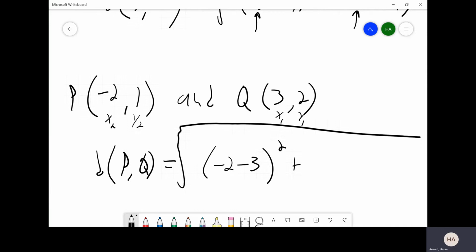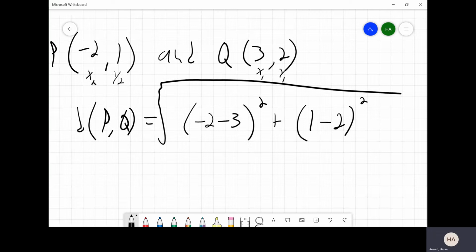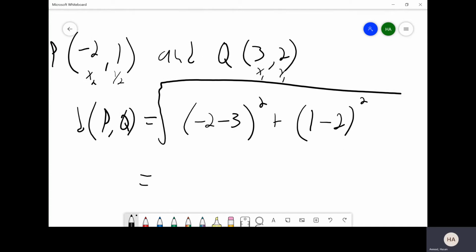Because we made -2 go first in this parentheses, we have to make 1 go first in the other parentheses. So we have 1 minus 2, right? The 2 is coming from the y component of Q. Okay, so now we square this, and now we just have to do our regular calculations.